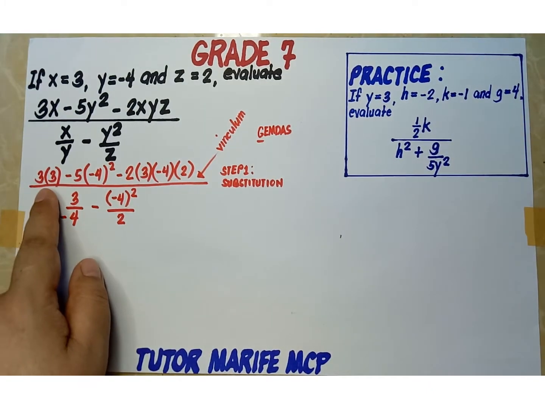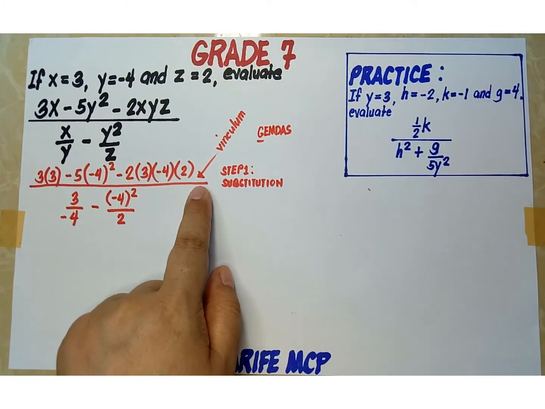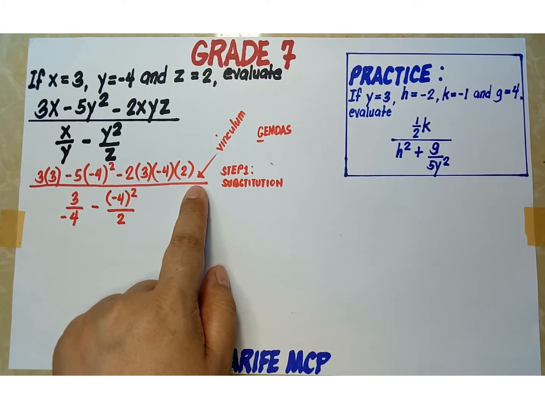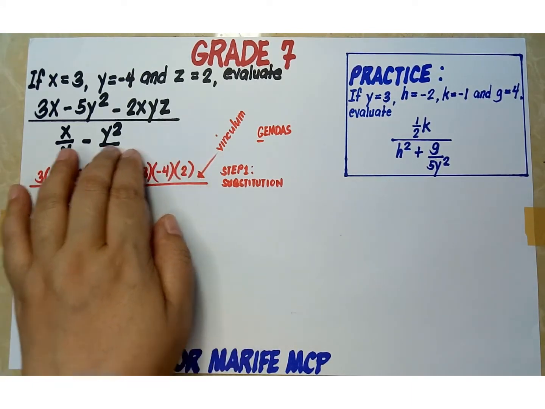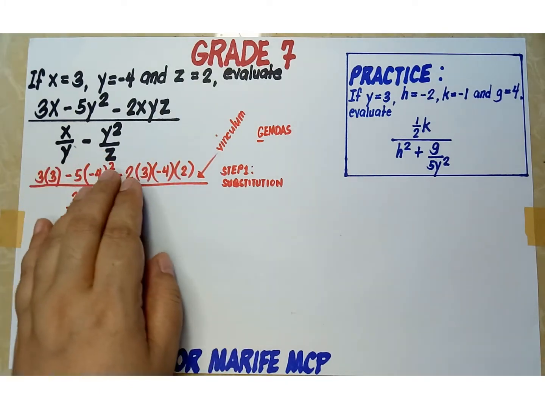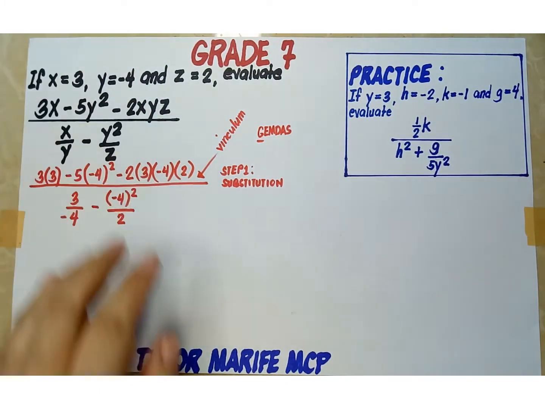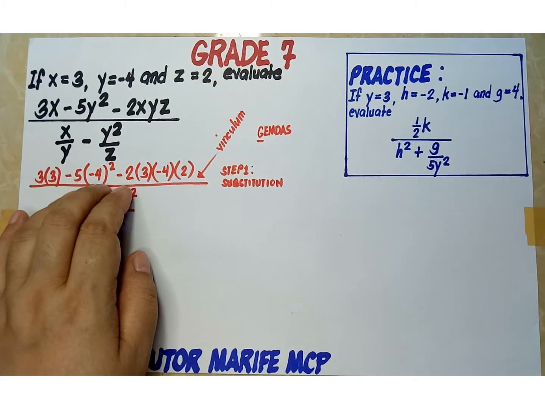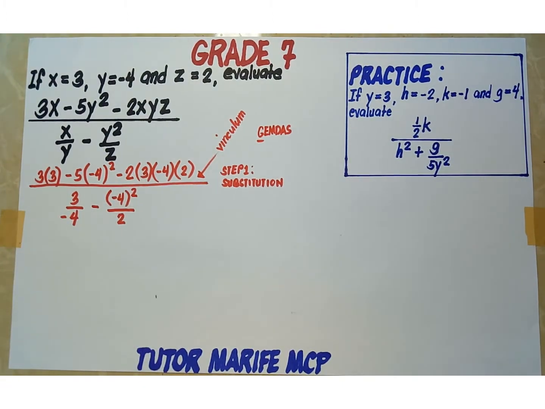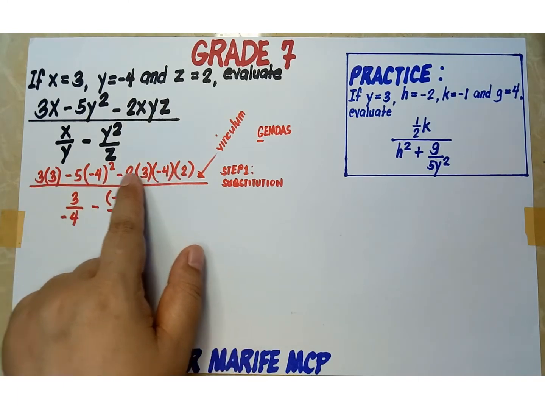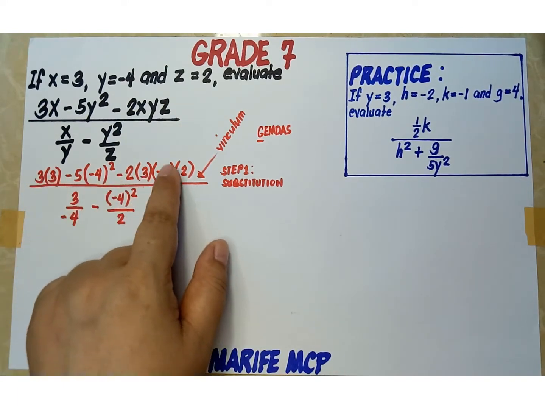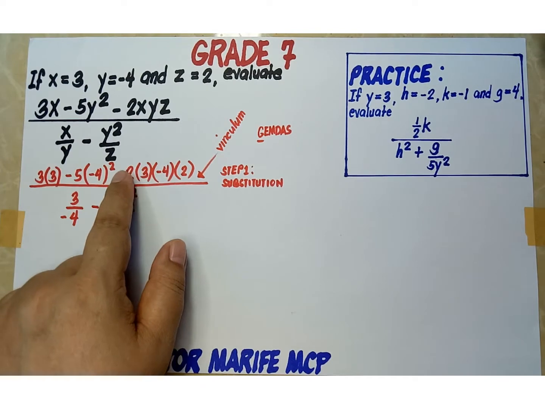So, ito ay grouping symbol. Ano ba ang ginugroup ng vinculum? Ginugroup niya together ang expression above the vinculum and expression below the vinculum. So, kailangan i-simplify mo ito by performing all the operations involved.